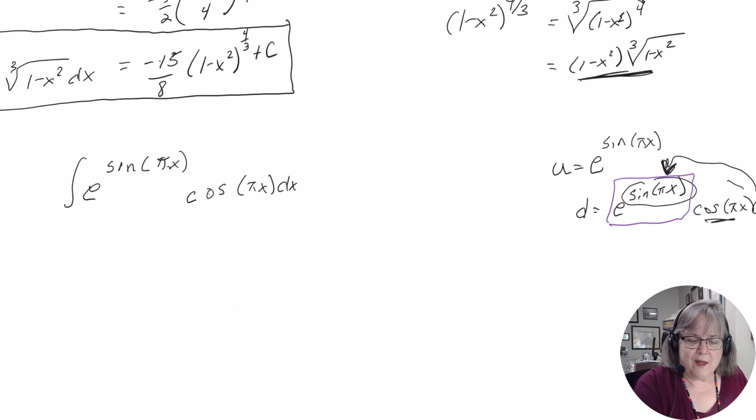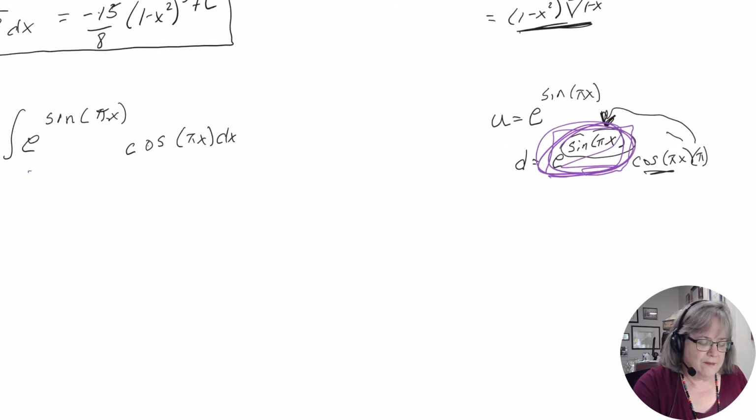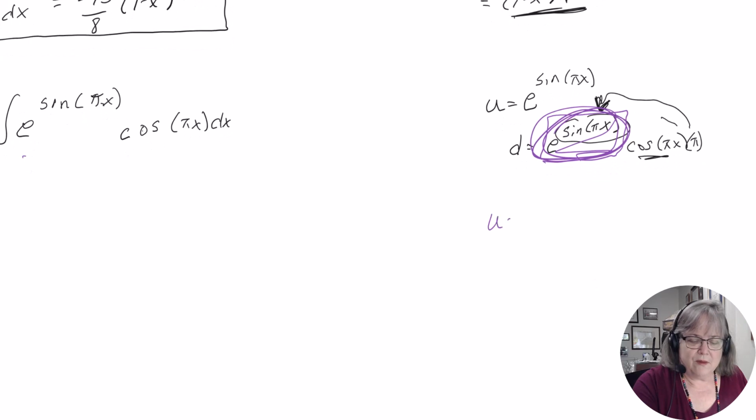It cannot be included in the original one. So you would have to have this original one, and then you would have to have a separate e to the sine pi x, which you don't have. So be careful. Sometimes the mind wants to reuse the original as this part right here, and you can't do that. So u is going to be sine pi x.